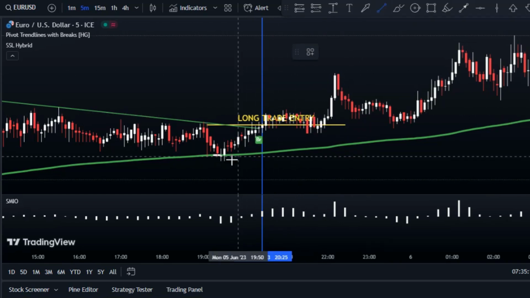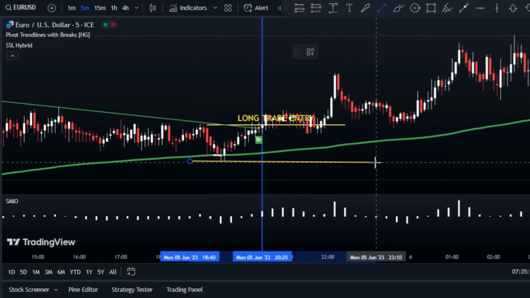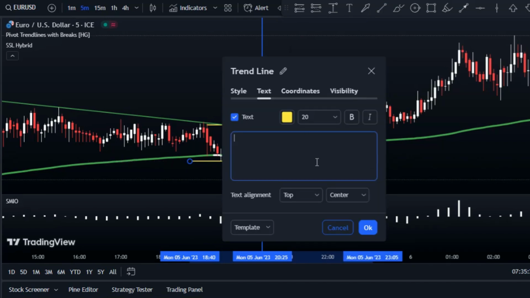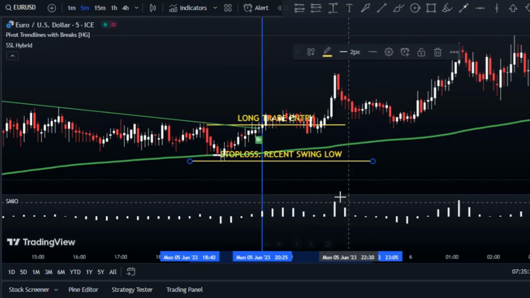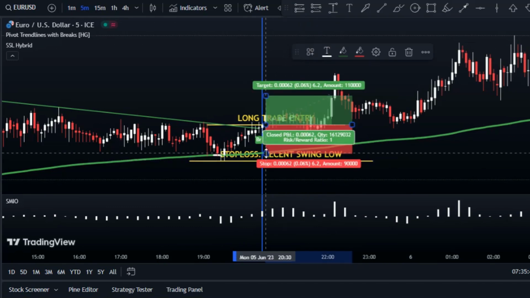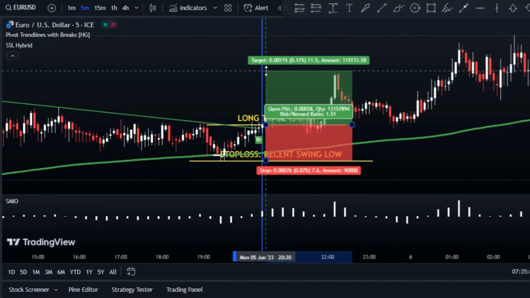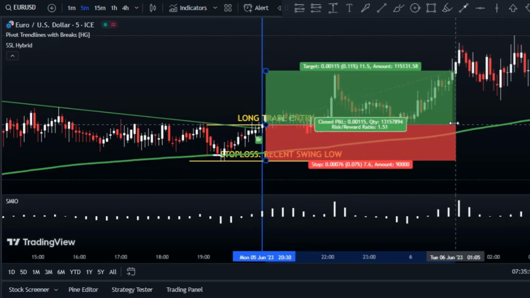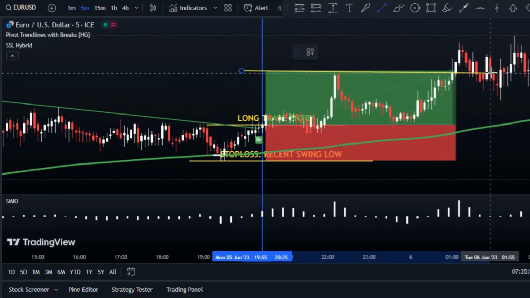And immediately after entering the trade, place a stop loss below the recent swing low to minimize losses. And also exit the trade at the risk-reward ratio of 1 to 1.5.